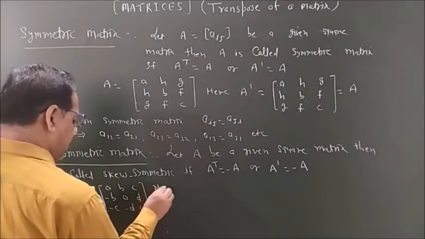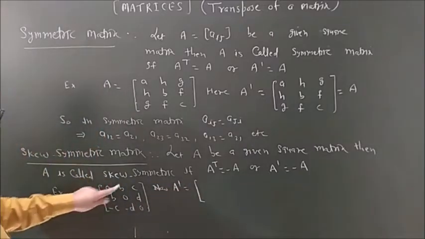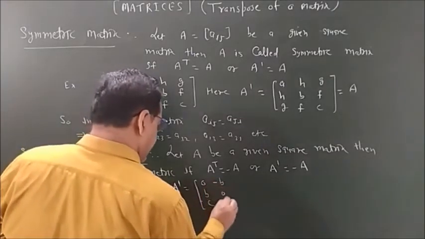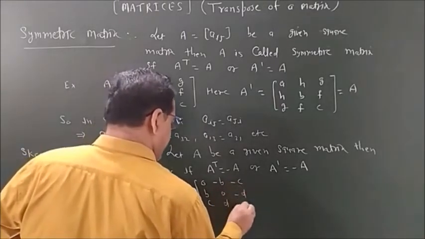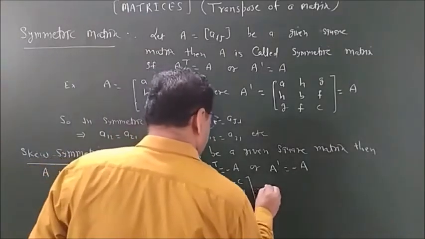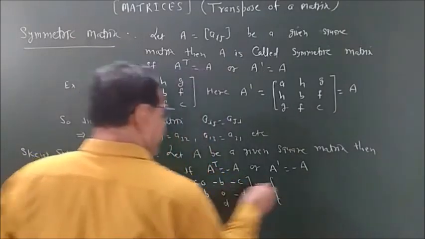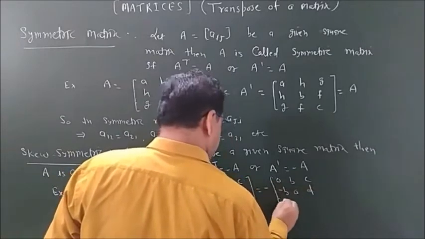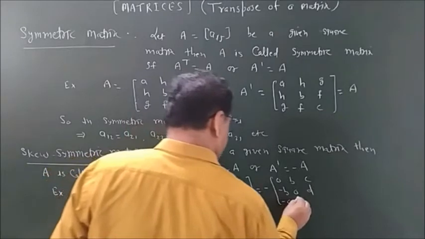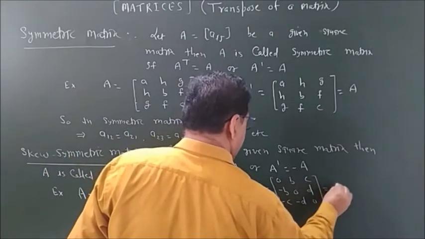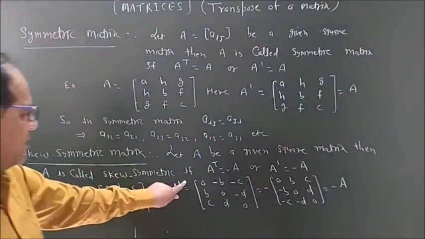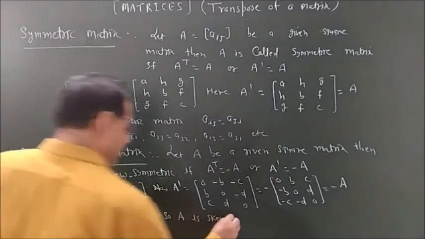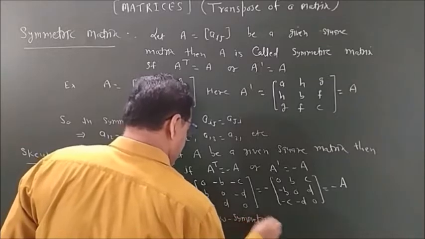Now A transpose equal to [0 minus B minus C; B 0 minus D; C D 0]. Taking common minus from the matrix, we get minus of [0 B C; minus B 0 D; minus C minus D 0], which is equal to minus A. So in this matrix, if you find A dash, we get minus A. So A is skew symmetric.